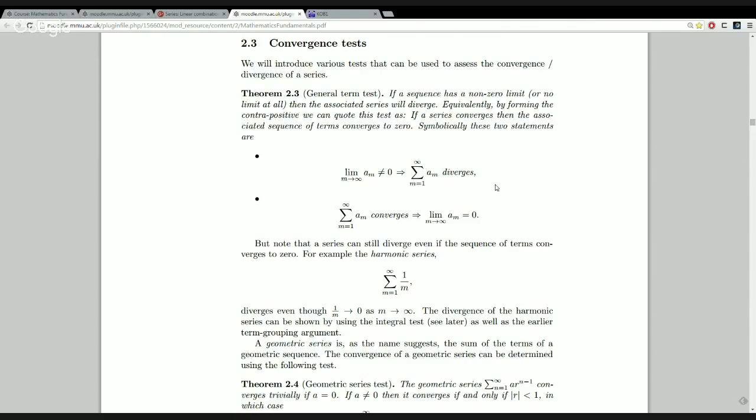Notice that AK, the kth term of the series, is the difference between the kth partial sum and the partial sum that came before it.